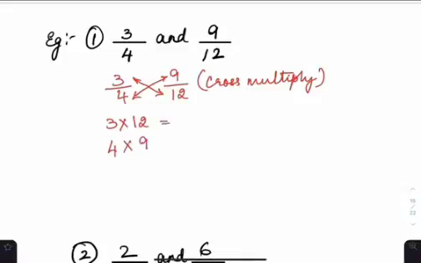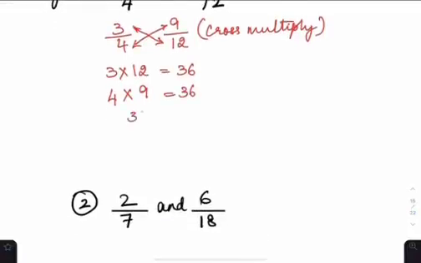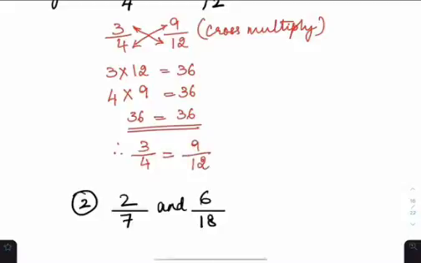So 3 into 12 is 36. 4 into 9 is also 36. Therefore, if you observe both the fractions, the products are equal because we have got 36 for both. Therefore, 3 by 4 is equivalent to 9 by 12. 3 by 4 and 9 by 12 are equivalent fractions.